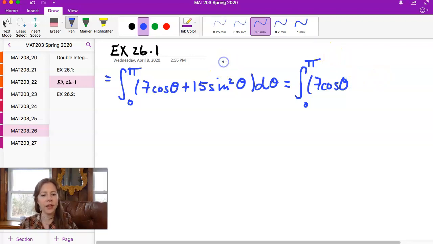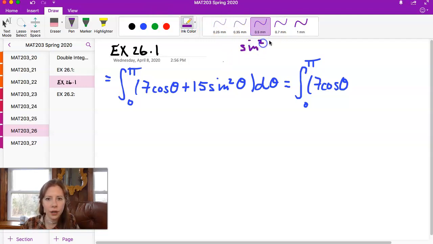And we're going to use an identity here where sine squared theta is equal to 1/2 times 1 minus cosine 2 theta.